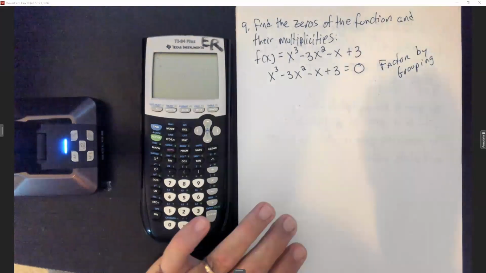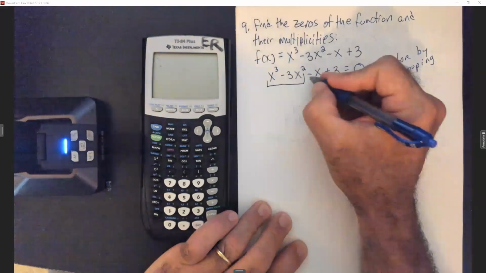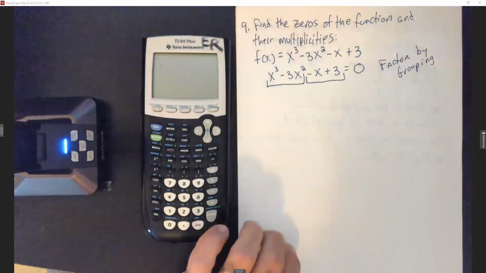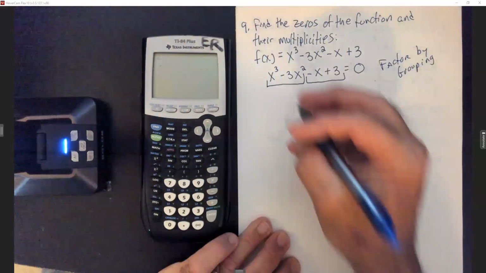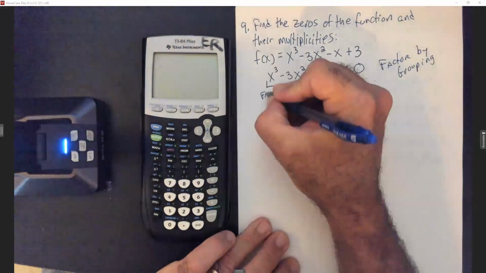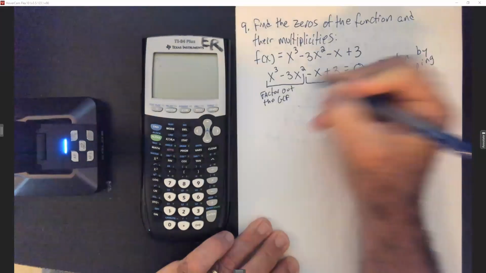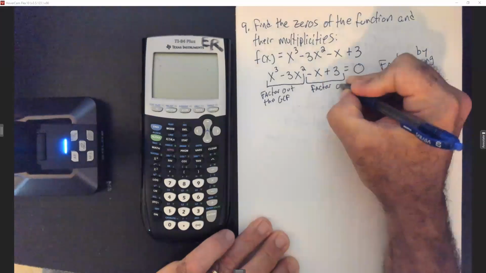So factor by grouping, you would factor the first 2 terms together, and then you group the last 2 terms together. So I'm grouping it into 2 groups. So I'm going to factor out the GCF, and here I'm going to factor out the GCF.